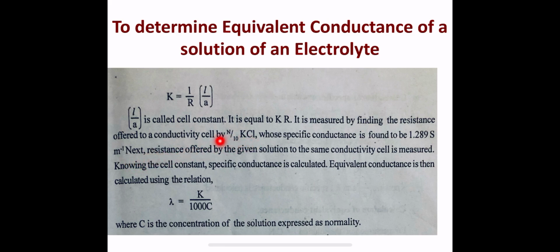So the specific conductance of KCl is taken as the known conductance. With the help of this known specific conductance, we are going to find out the unknown solution's specific conductance.